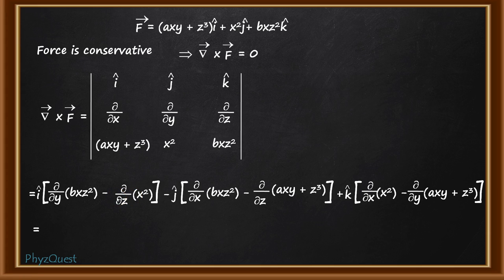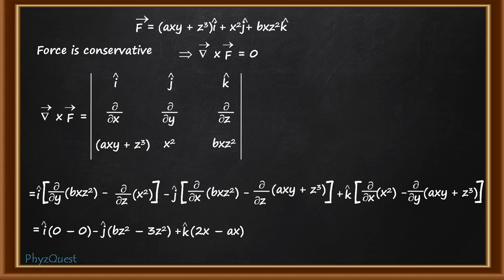So this will be i cap times 0 minus 0. Here, upon differentiation, this will give bz square, and in this only the z cube term will get differentiated, that is 3z square. So this will be minus j cap [bz square minus 3z square]. Again the third term will be plus k cap [2x minus ax].